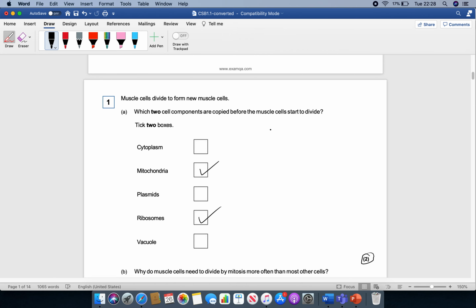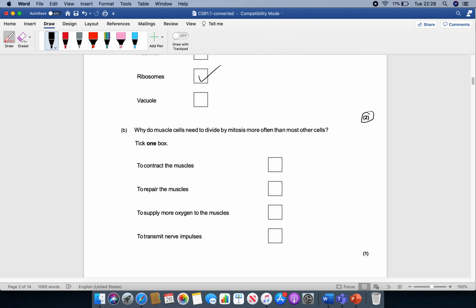Next question: why do muscle cells need to divide by mitosis and more often than most other cells? Tick one box. So let's go through the reasons. To contract the muscles. Now we have muscle cells which we have enough of to move the muscles around. To repair the muscles.